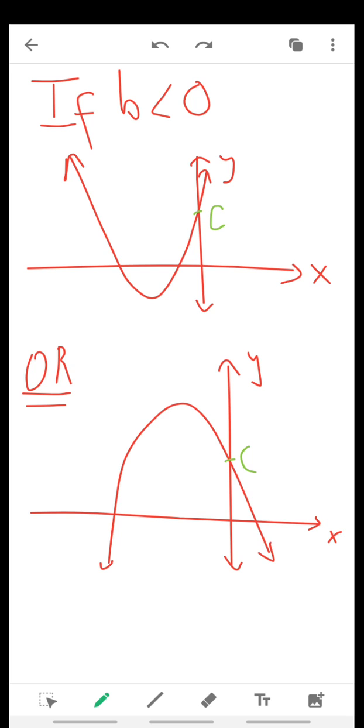It means our parabola will lie more to the left hand side. This is when A is positive, we see the smile, and even if A is negative, for the fact that our parabola is more to the left hand side, that means our B is negative. And that is what B is all about. It determines which side the parabola will be closer to.